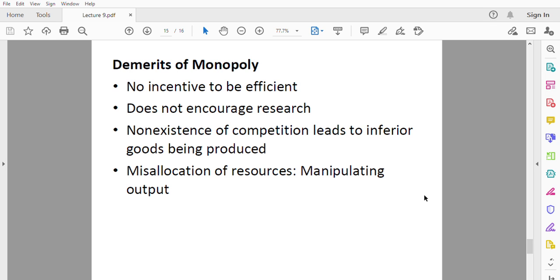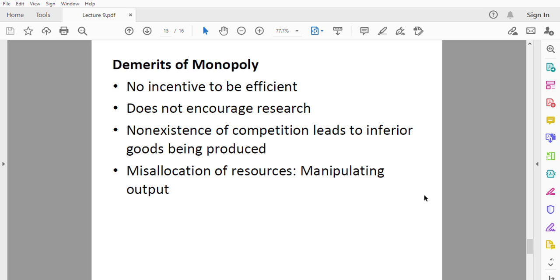The second is it does not encourage research. People start to engage in research when they want to improve what they are doing. But for a monopolist, there is no incentive to engage in research because he's the sole producer of that particular commodity. The third is non-existence of competition. So it leads to inferior goods being produced.